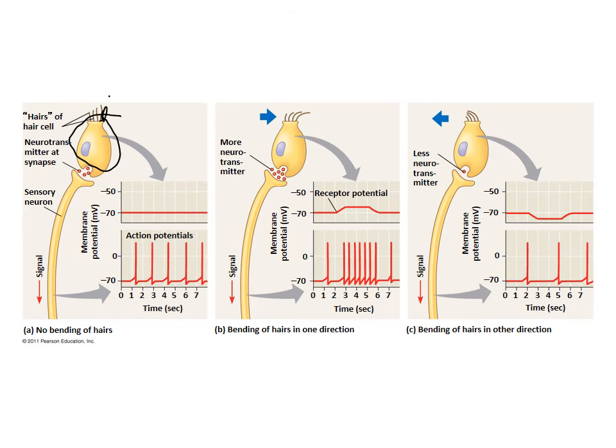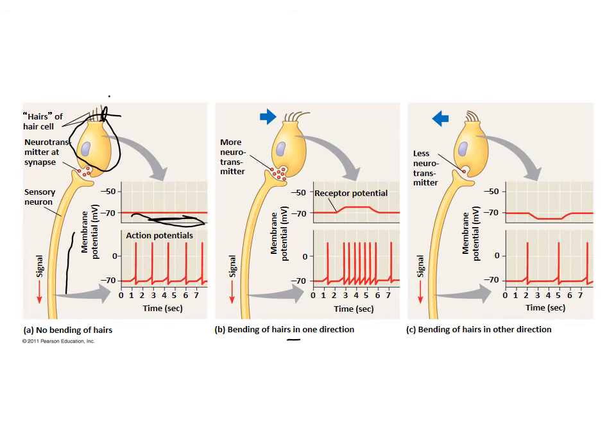If they're not moving, then neurotransmitter is being sent at the synapse, and the signal is just not going to go. You know, it's just flat. But if there is a signal, then it would actually produce an action potential.